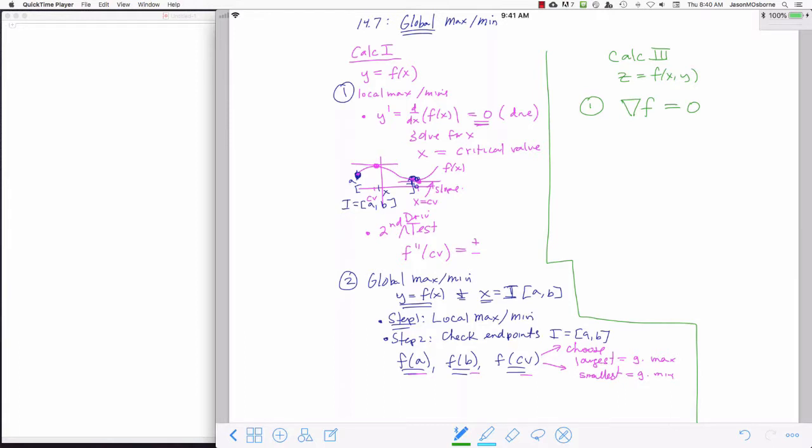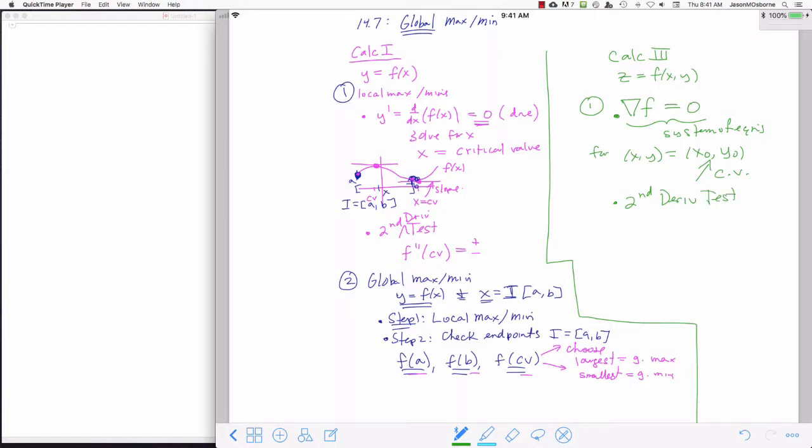Right? And the equivalent of the derivative is the gradient of the function, and you need to solve a system of equations and solve that for x and y. And you will get some value, maybe x naught, y naught. This value is the critical value of the function. Okay. Then you would need to proceed to the second derivative test. Right.